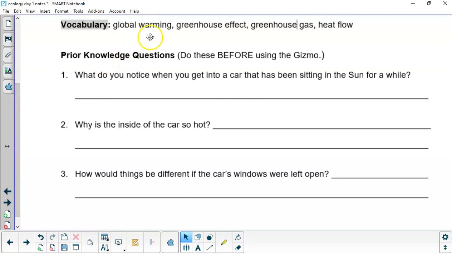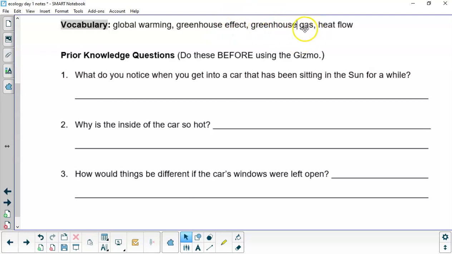Okay, vocab words here, we've talked about these guys. Global warming is the idea that the Earth is getting warmer and warmer and warmer over time because of the buildup of these extra greenhouse gases. The greenhouse effect helps keep heat in planet Earth. It's a good thing as long as it doesn't get out of control, and it's getting out of control right now.